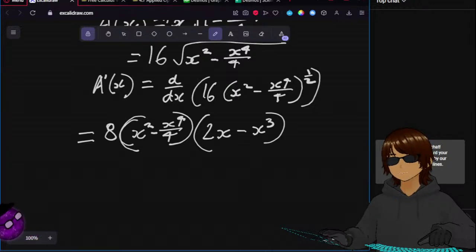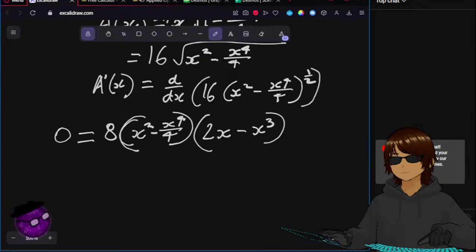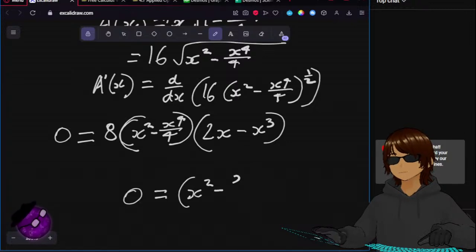And then the derivative of the area has to be 0, right? So 0 is equal to this.